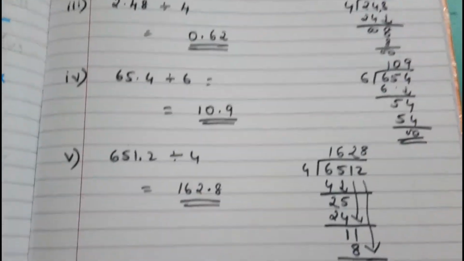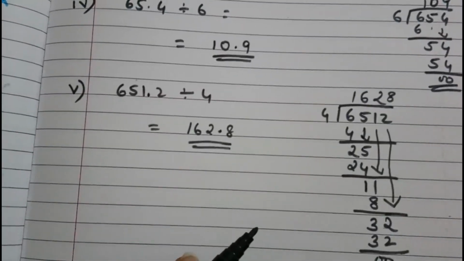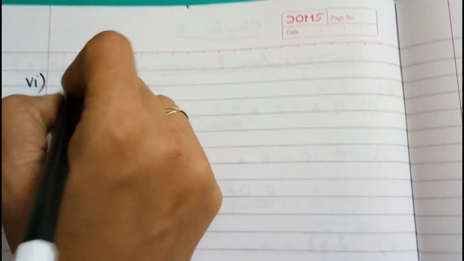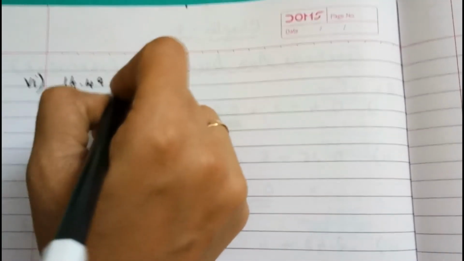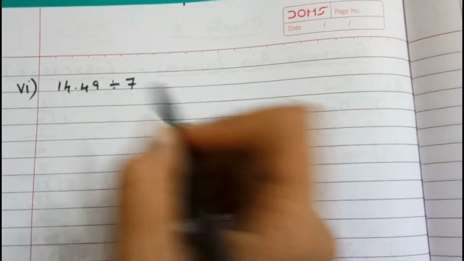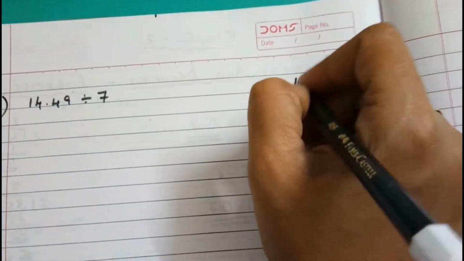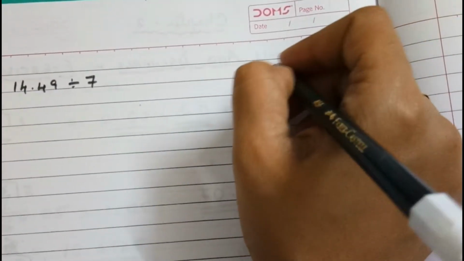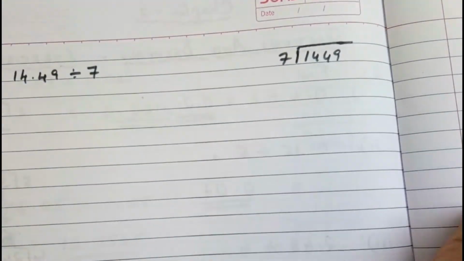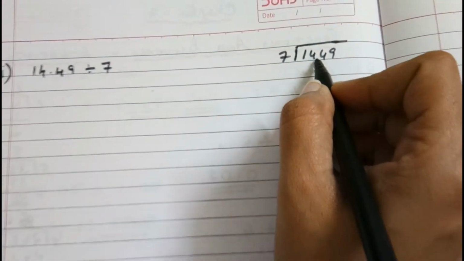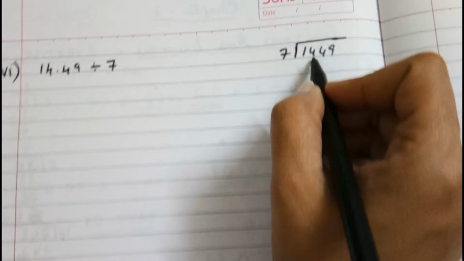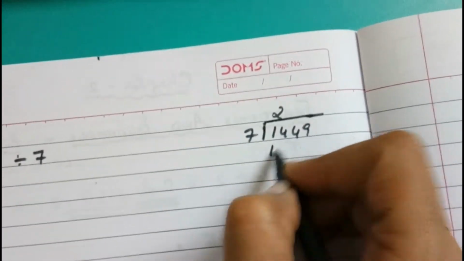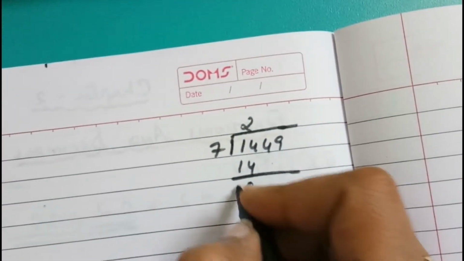Now the next question we will move towards is question number 6. Now question number 6 here is 14.49 divided by 7. 14.49. So here we can do it as 1449 divided by 7. Okay. Now since 1 is smaller, we'll have to take two numbers. 7 will go in 14 how many times? 7 2s are 14. 0 0.